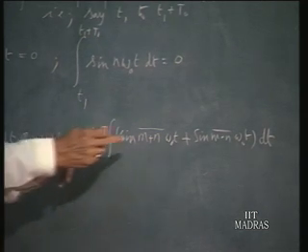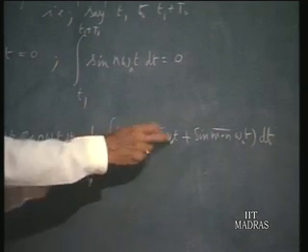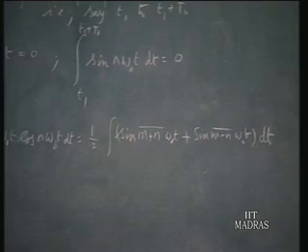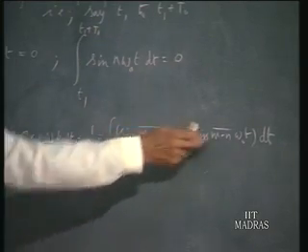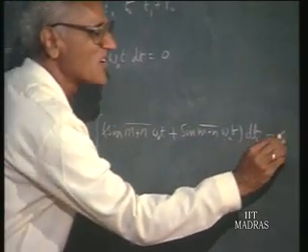Again, each of these terms will produce a zero integral because the integration is over an integral number of cycles. So both these terms go to 0. So this will be 0 for all m and n.